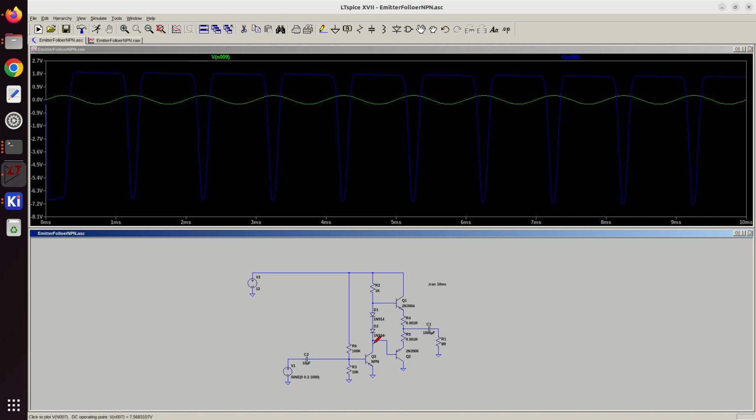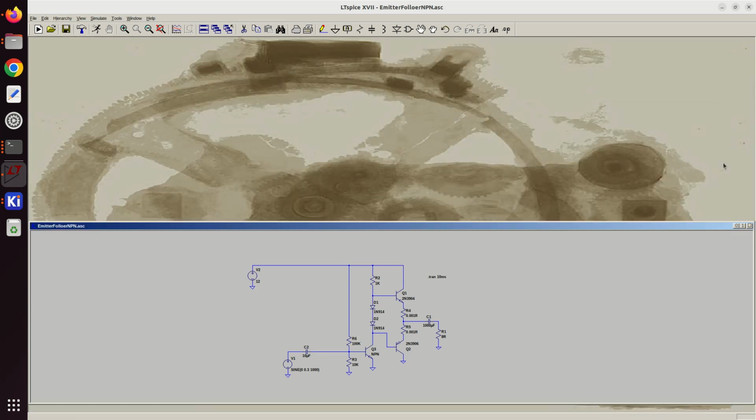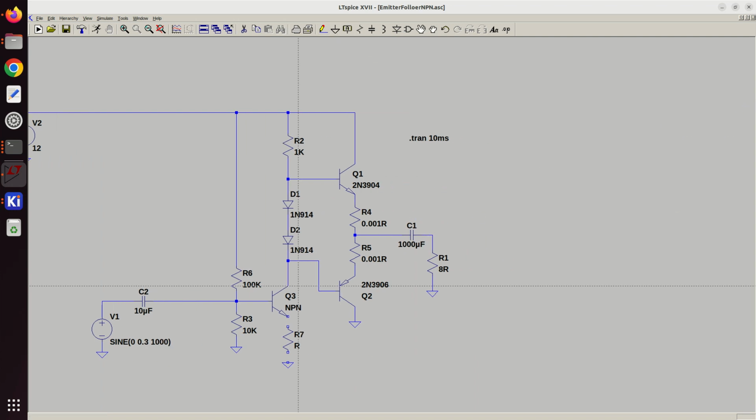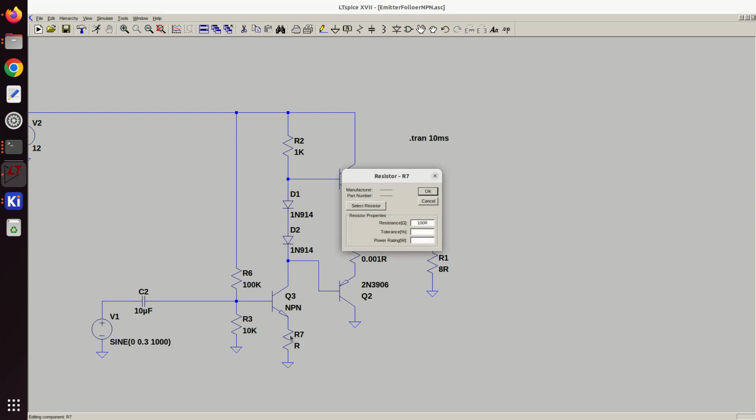So that's our input. So let's control the gain here. And let's put a resistor in here instead, and let's make this 100 ohms.